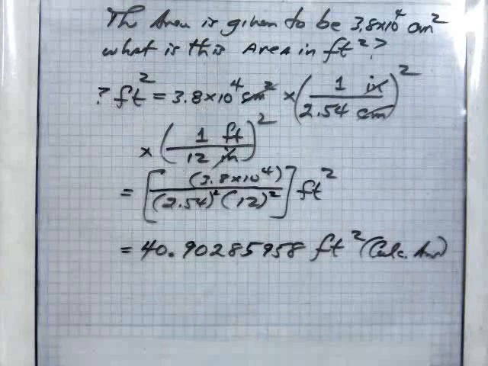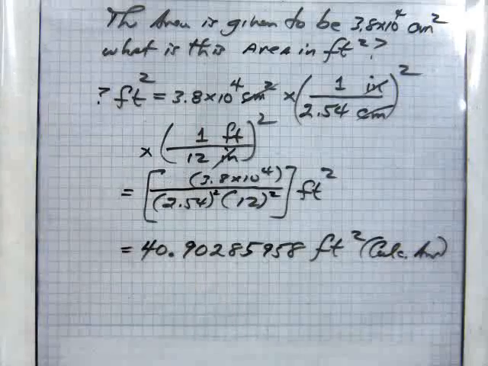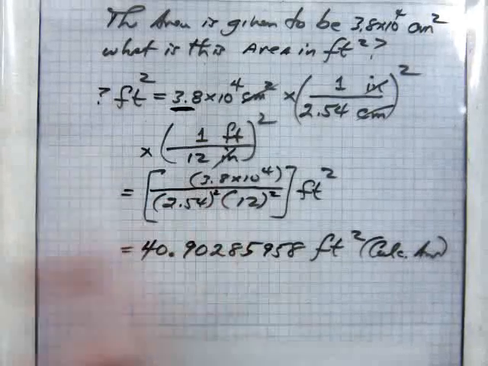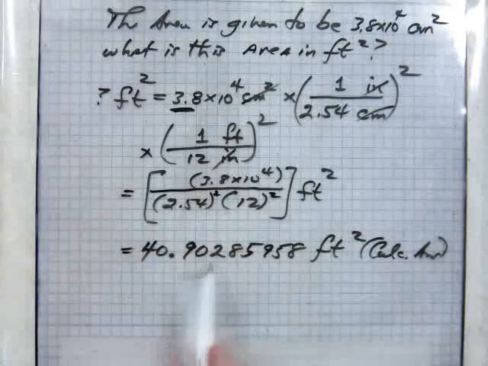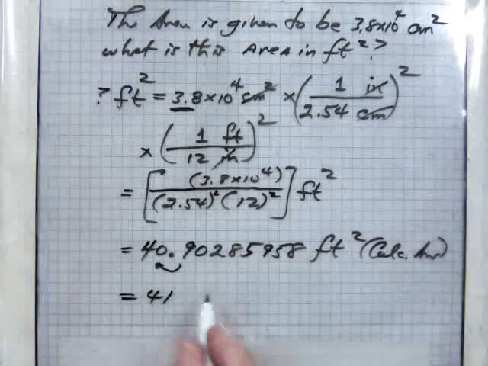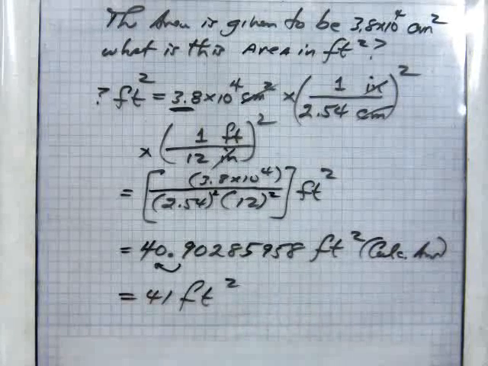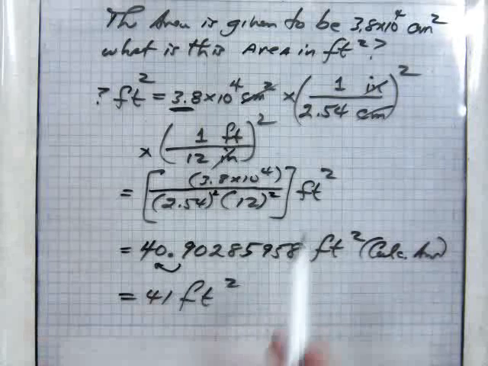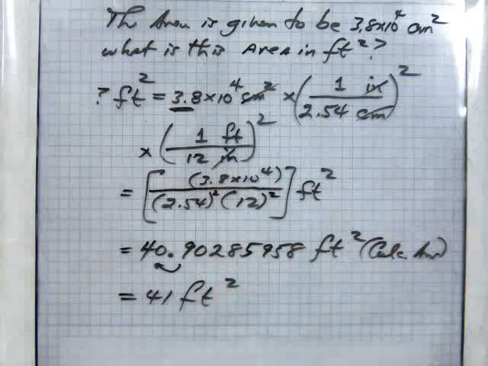Big nasty looking number off the calculator, and I just copied it right off of that. Anyway, use the coefficient of the given data to define your sig figs. In this case, it would be 2. So this would round to 2. Now, since 9 is greater than 5, we want to increase 0 to a 1, and so that'd be 41 square feet. Appropriate answer. Okay. So the biggest learning element here is squaring the conversion factors and then applying the dimensional conversion.